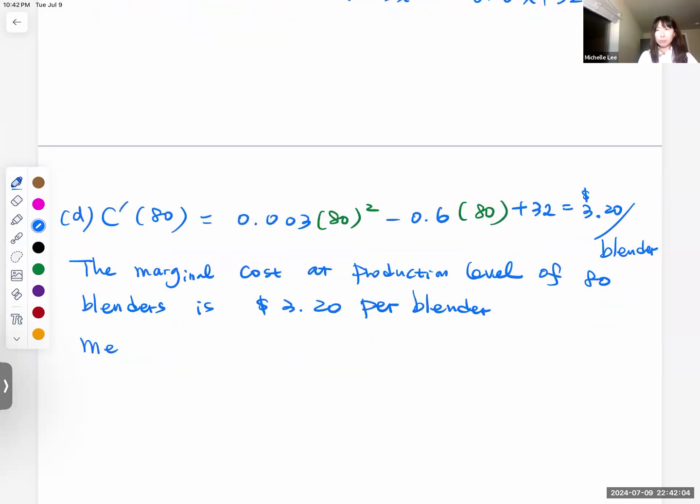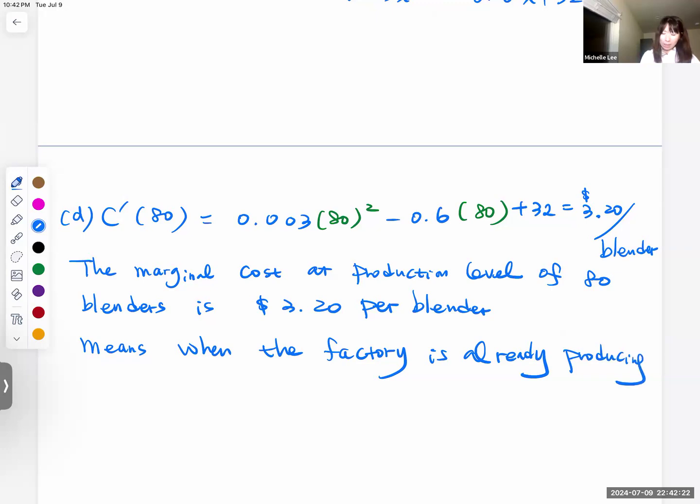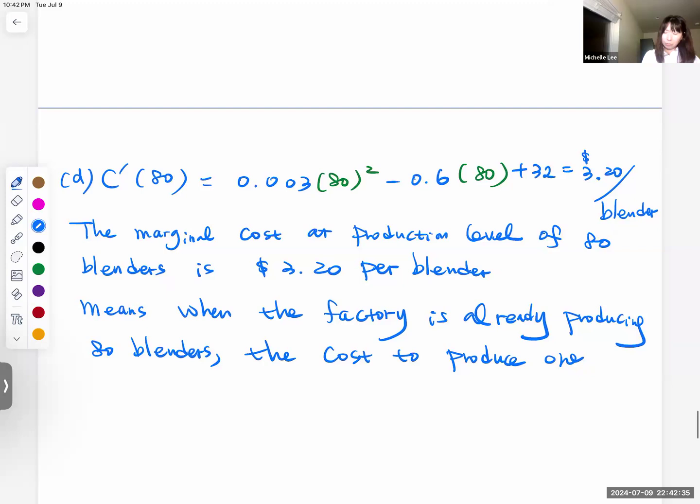This means when the factory is already producing 80 blenders, the cost to produce one additional blender, right? That is the definition of marginal cost.